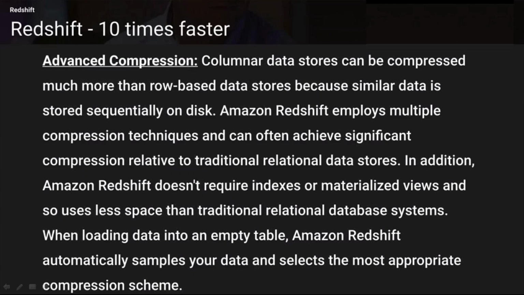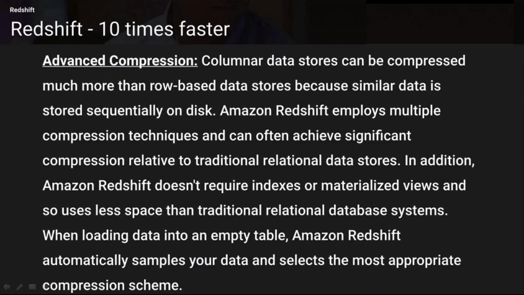In addition, Amazon Redshift doesn't require indexes or materialized views. Like in a traditional database, we create indexes, views and stored procedures to improve performance. Here you do not need any of these things, like indexes or materialized views. So it is also going to occupy much less space than a traditional relational database system.